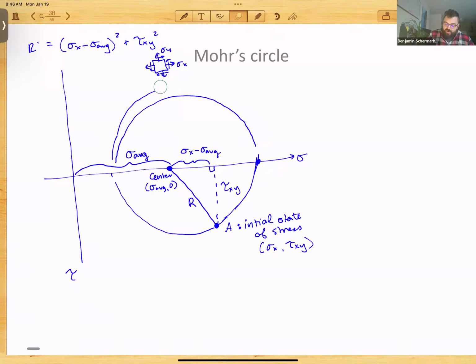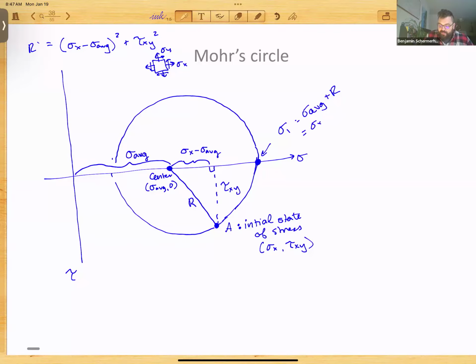This circle, where it crosses our x-axis this first time over here, is going to be all normal stress, no shear stress. This happens to be our first principal stress, sigma 1, which we can see based on this diagram is going to end up being sigma average plus my radius. If I sweep my radius up, it's those two things along the x-axis.